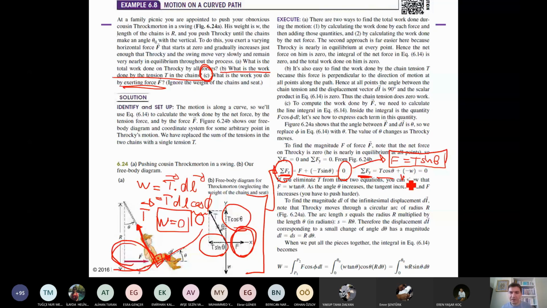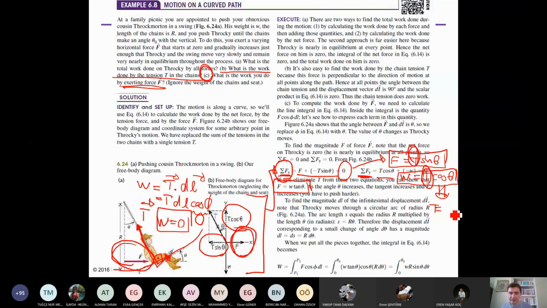Okay, here we have T. If I take T from this expression and put it there, then I can get this expression. F is equal to W times tangent theta. Let me write. Look at this term: T is equal to weight over cosine theta. So use this T here.